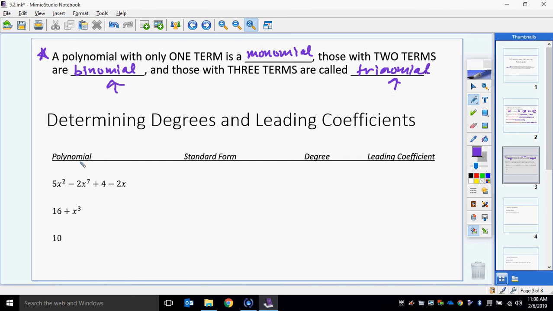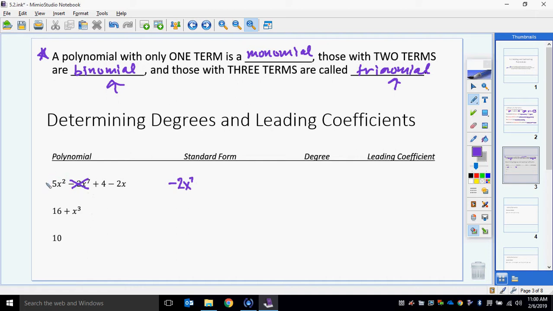Okay, so let's plop down here. We're given a polynomial, 5x squared minus 2x to the 7th plus 4 minus 2x. I want to write it in standard form, which means I'm going to find my highest exponent, not 2, but 7. And I'm going to write that term first. One important thing is that this negative sign is on the 2. So I need to make sure I keep it there and write negative 2x to the 7th.